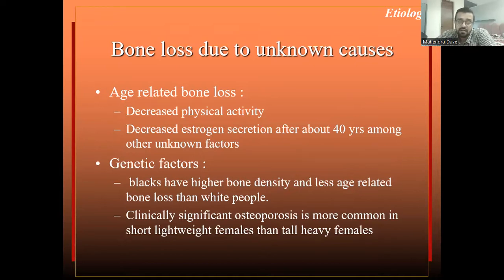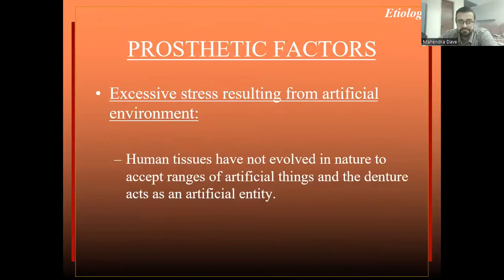Genetic factors: blacks have higher bone density and less age-related bone loss than whites. This is a comparison of individuals with regard to genetics. Clinically significant osteoporosis is more common in short, light-weighted females than tall, heavy females. This is with regard to body height.